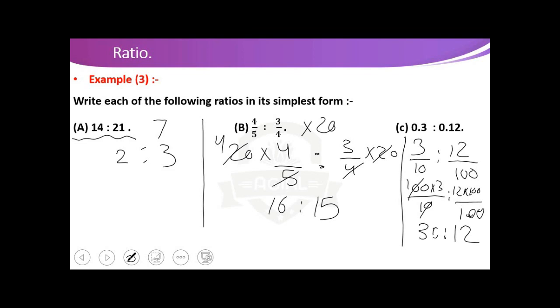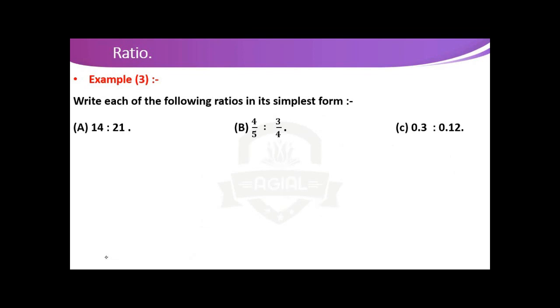And we can also divide both terms by 6. 30 over 6 equals 5, and 12 over 6 equals 2. So the simplest form of this ratio equals 5 to 2.